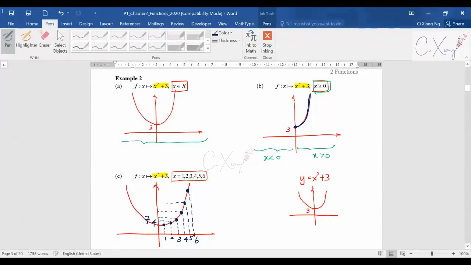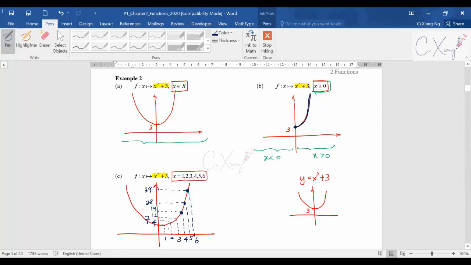My space is not big enough, so I'm not able to label it all. If you can, try to label it. So 6 squared is 36 plus 3, you get 39. Then you have 25 plus 3 is 28. And then 16 plus 3, you get 19. And after that, 3 squared plus 3, you get 12.